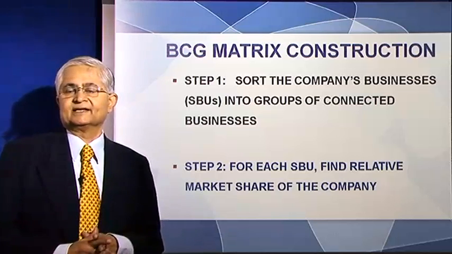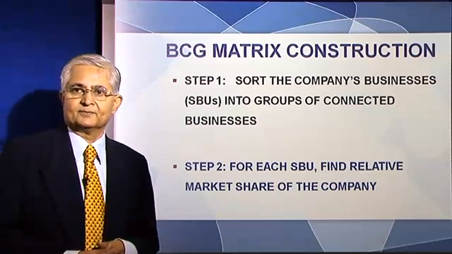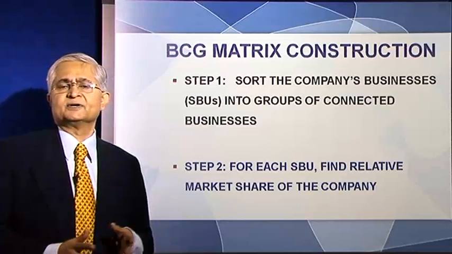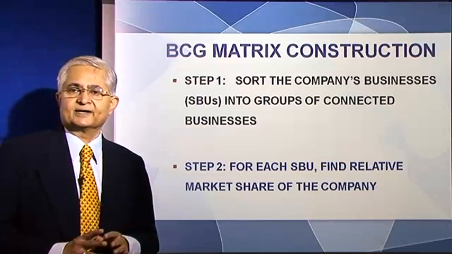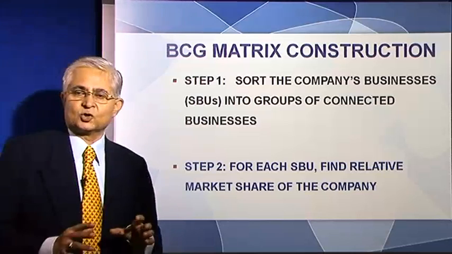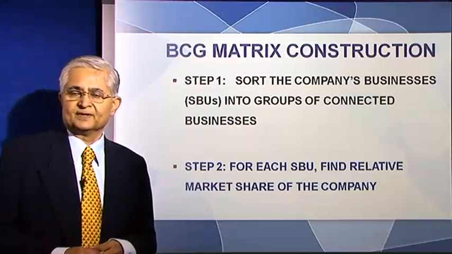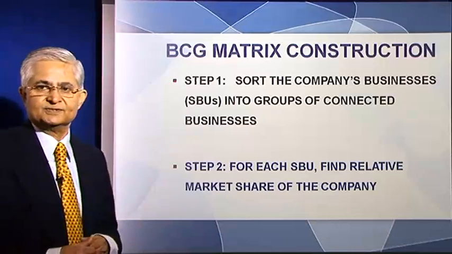For instance, let's take a company like ITC, right? Now ITC makes a large number of products, but these products could be sorted out into a few groups, a few strategic business units, a few SBUs.